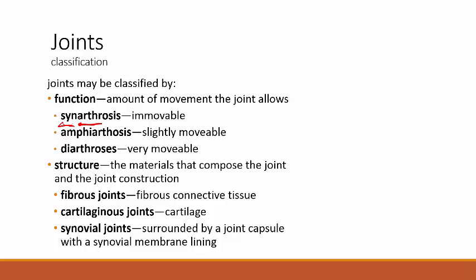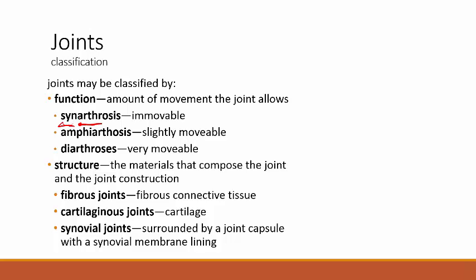We can also classify joints based on their structure, what they're composed of, how it is that the two bones are held together. And if we look at that system of classification, then we again see three categories. The fibrous joints, which are held together by connective tissue that has a high amount of protein fibers in it. The cartilaginous joints, which are held together because of the cartilage that binds them together.